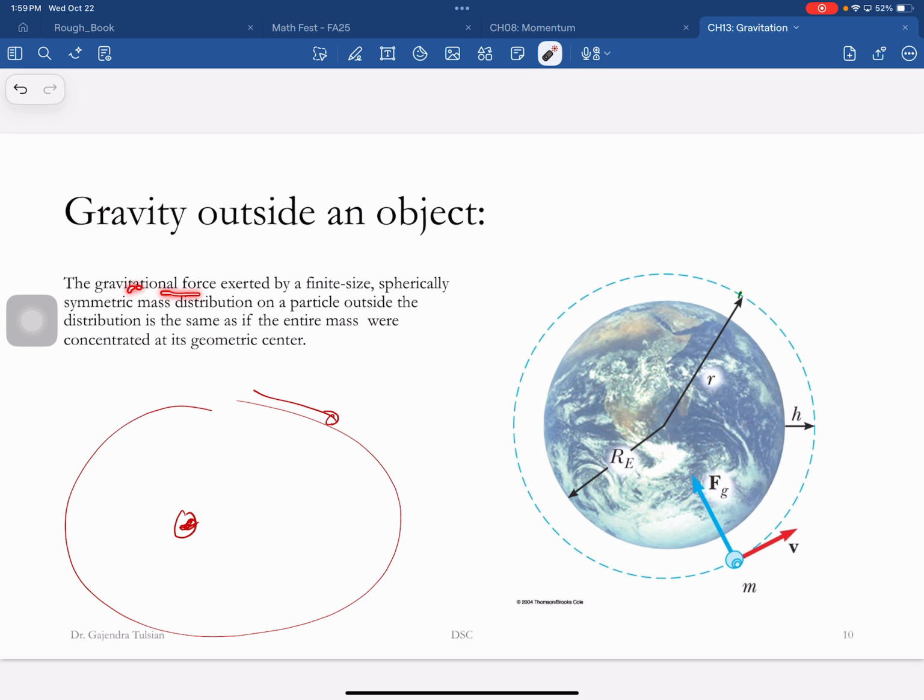The gravitational force exerted by a finite size spherically symmetric mass distribution on a particle outside the distribution is the same as if the entire mass were concentrated at its geometric center. So if you turn this into a point mass, the force would still be the same.